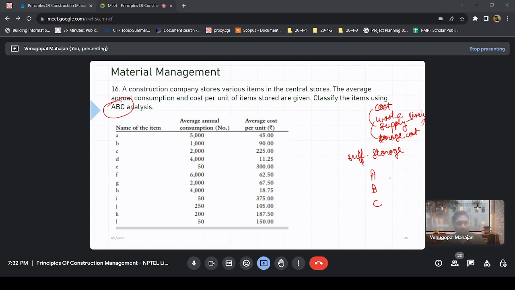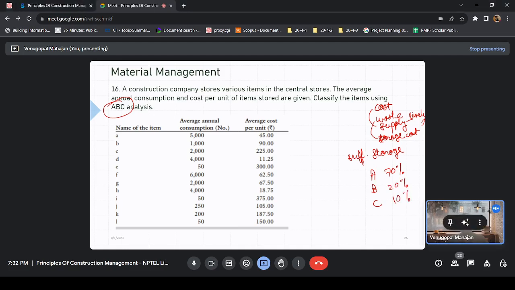Sir, different types of classes. Okay, different types of classification. We'll see it. If you have a lot of items and not enough manpower or brain matter to focus on every item, you will try to focus on the important items.